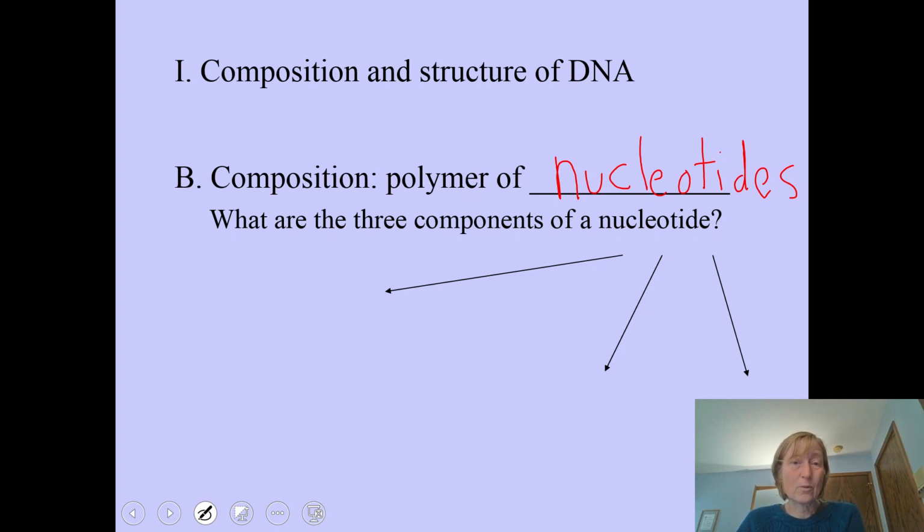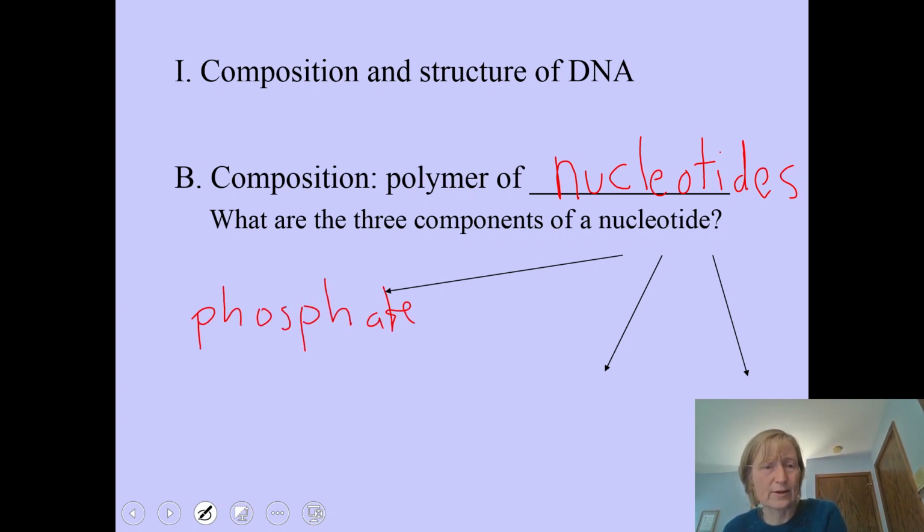And then we might ask, what are the 3 components of a nucleotide? Because each nucleotide has 3 things in it. The first thing it has is a phosphate group. I should have just written this one as a P with a circle around it, right?